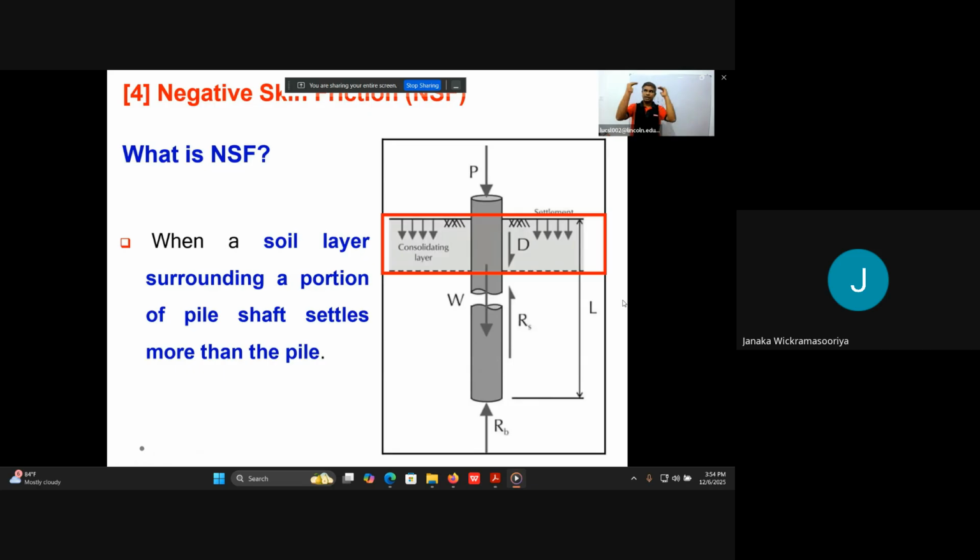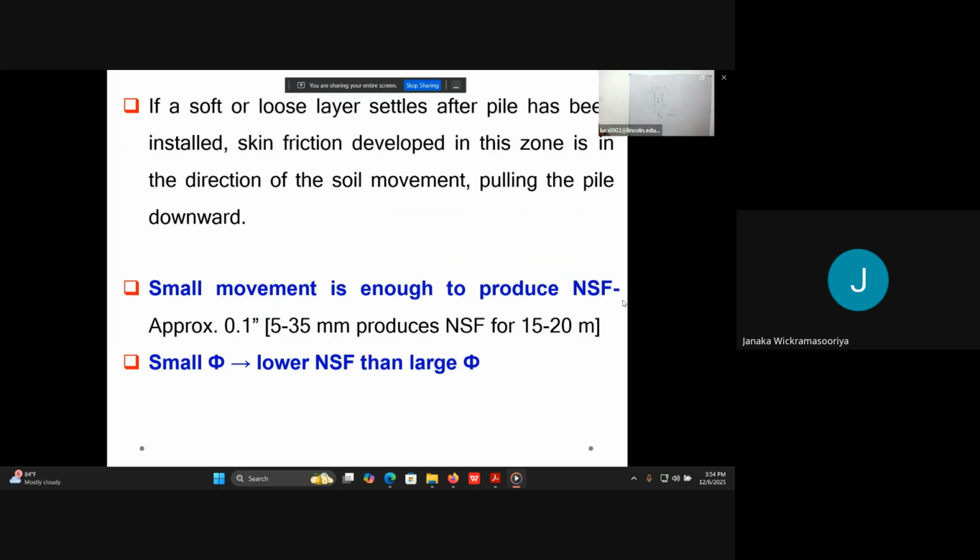That is one method of the negative skin friction.